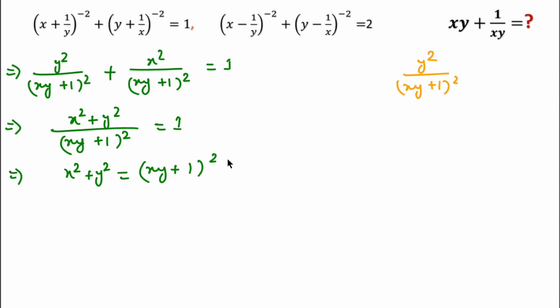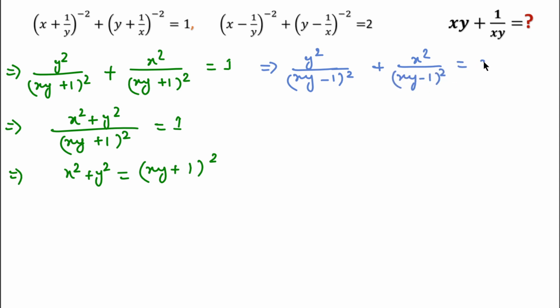Okay, and in place of this expression we will write y square over (xy minus 1) to the power 2, others will be the same, and plus x square over (xy minus 1) to the power 2 equal to 2.